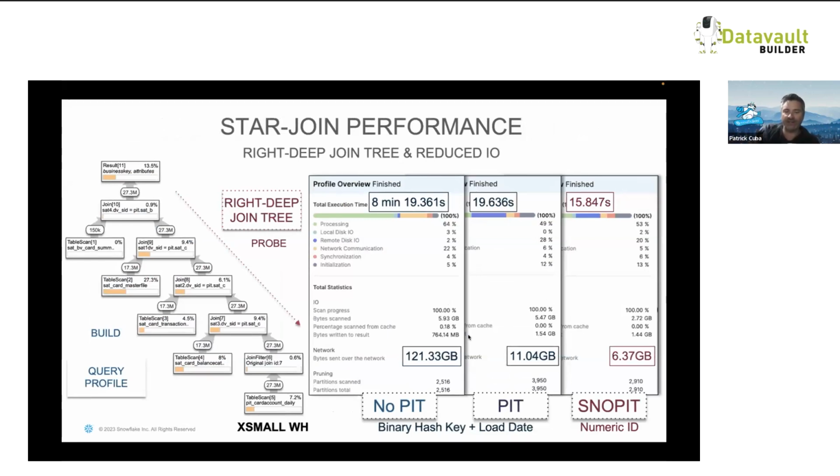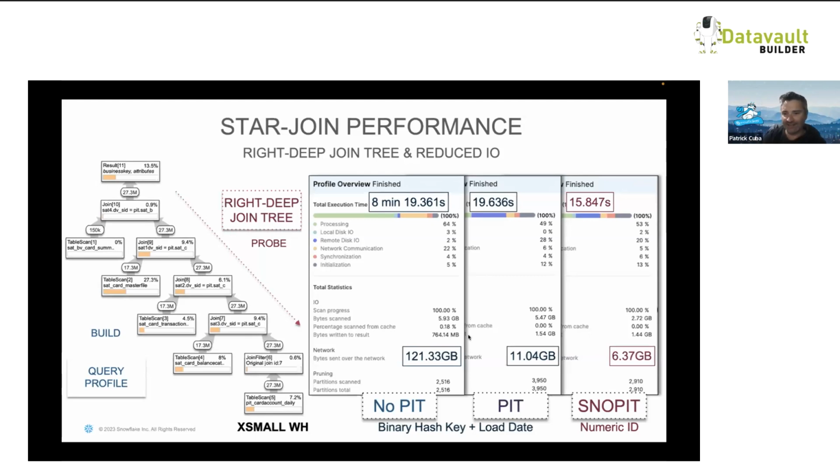So I want to do a right deep join tree. So it does a build phase where it hashes every row of that dimension table or every row of that satellite table, and then probes that middle table, which is a fact table for dimensional modeling, but it's a PIT table for data vault, right? So without a PIT, Snowflake picks a left deep join tree or a little bit of a bushy tree.